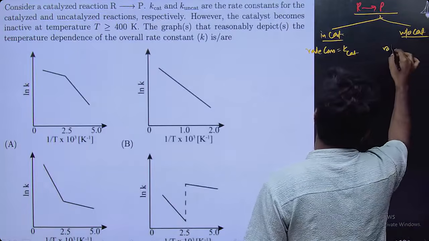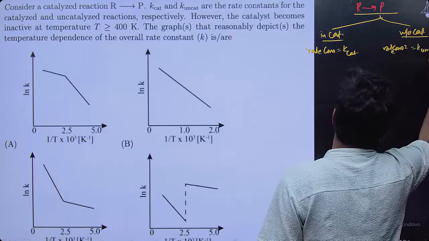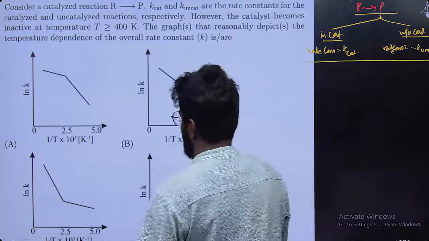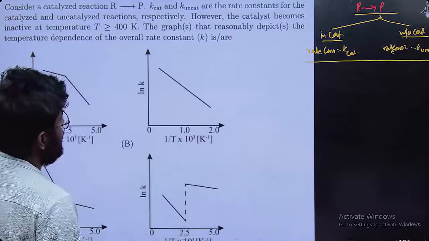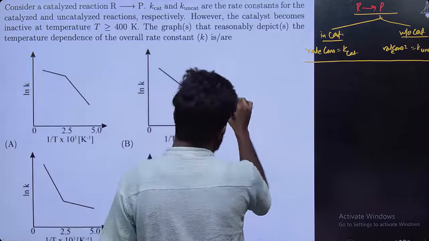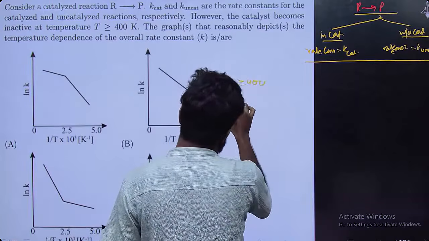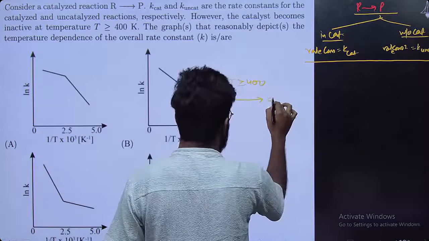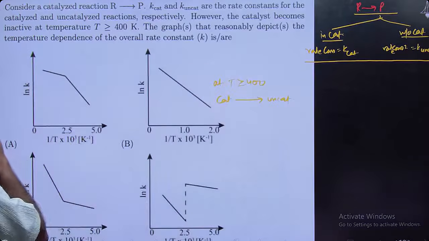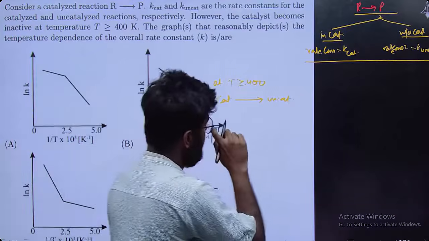Here the rate constant is K catalyzed, and here the rate constant is K uncatalyzed. Now they are saying that the catalyst becomes inactive at a temperature greater than or equal to 400, so the catalyzed reaction becomes uncatalyzed because the catalyst becomes inactive. So we need the graph that reasonably depicts the temperature dependency of the overall rate constant K.